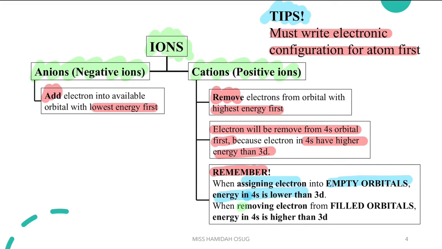But when removing electrons from a filled orbital, the energy of 4s is higher than 3d. The story is like this, guys. If they are empty, 4s and 3d, the energy of 4s is lower than 3d. But when 4s and 3d are filled with electrons, 4s will be at a higher energy level compared to 3d.